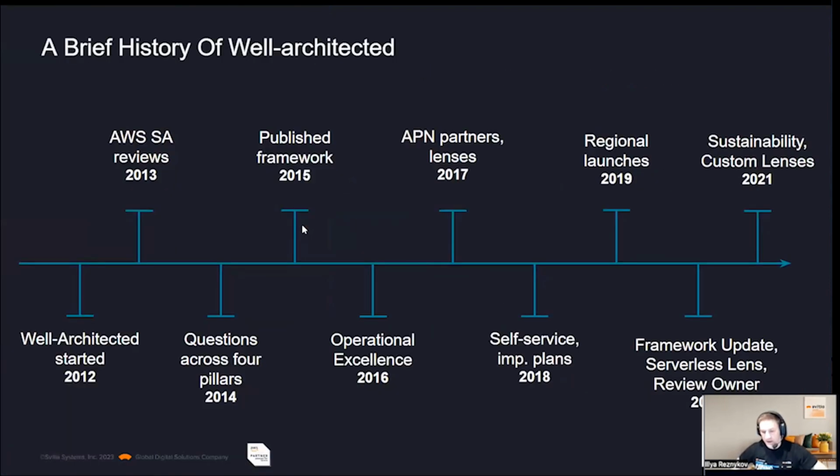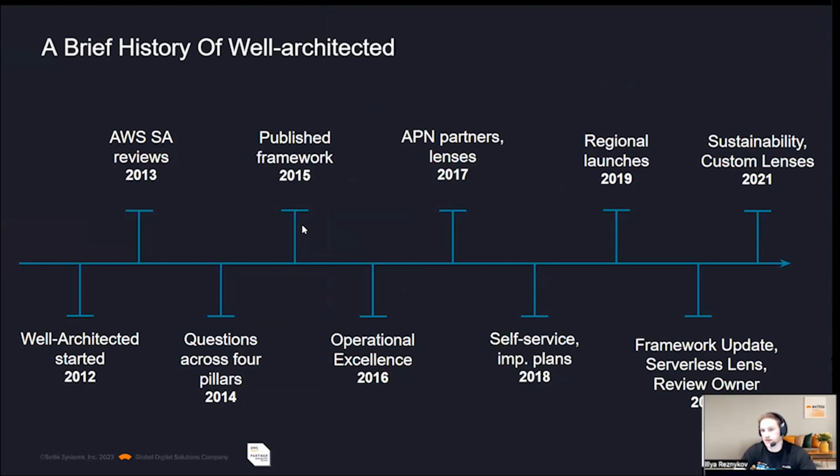Okay, actually, the AWS Well-Architected Framework is not a new tool. It's quite mature. It has more than 10 years of history. At first, it was used internally by solution architects from AWS to review customers' infrastructures. Then questions were split into several pillars.